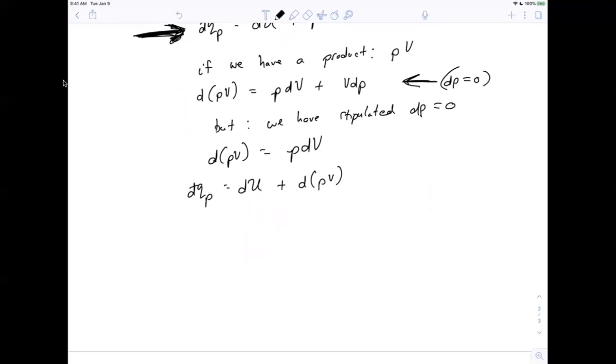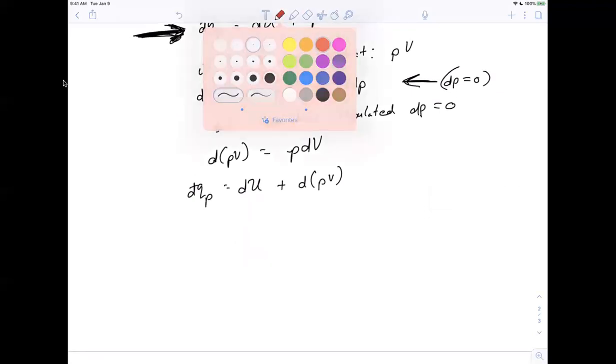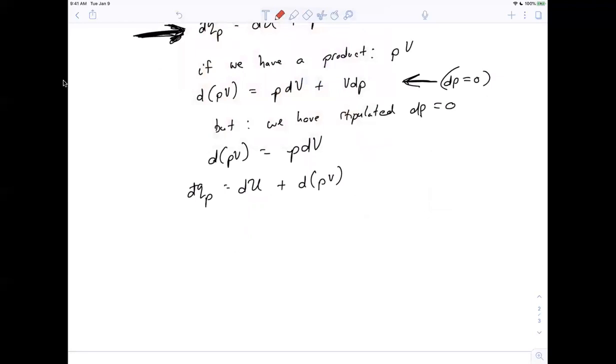So now we have the sum of two total differentials. This is the total differential of U. This is the total differential of this product PV. And what we're going to do is combine them into one total differential.